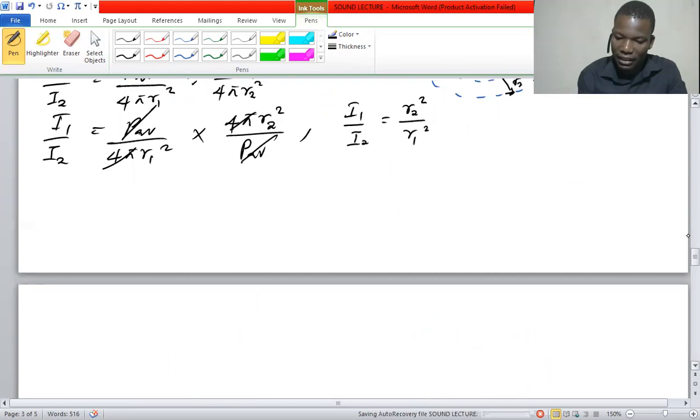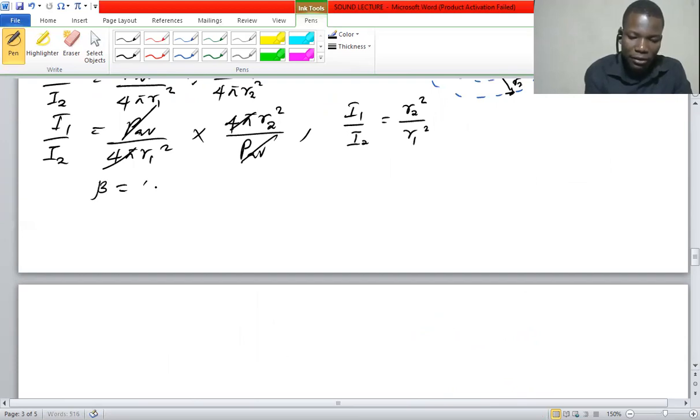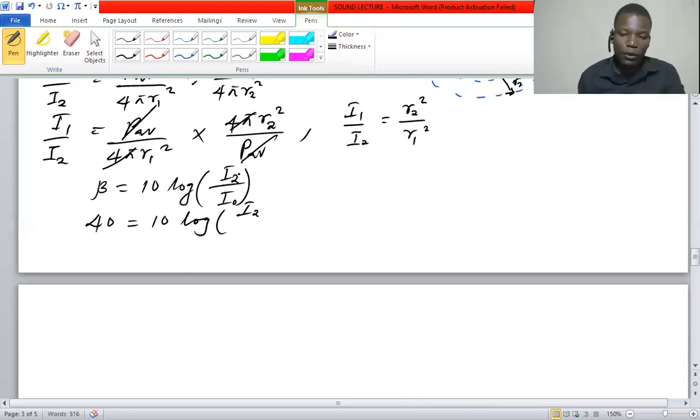So remember the equation we've been using in the previous videos, where the decibel level is actually 10 log of intensity over threshold of hearing. Okay, so the decibel level here is 40 decibels, and we have 10 log. We are looking for this intensity, so we're going to put a 2 there to differentiate those two intensities that we've done.